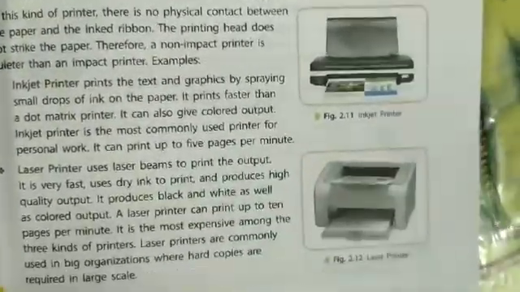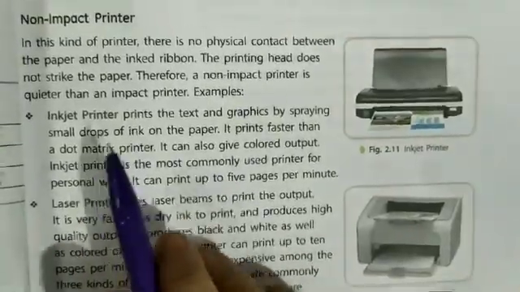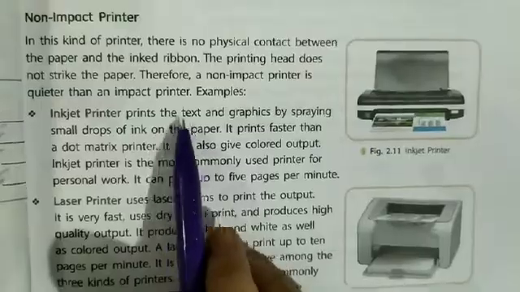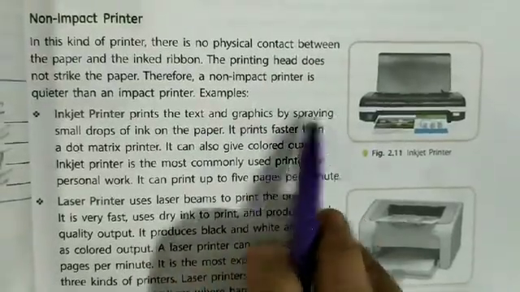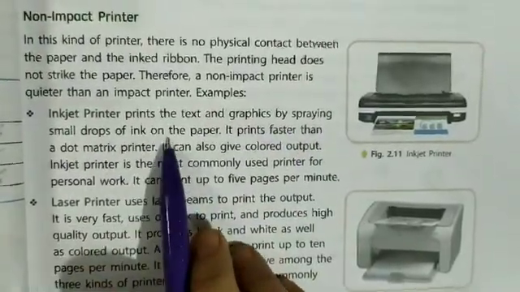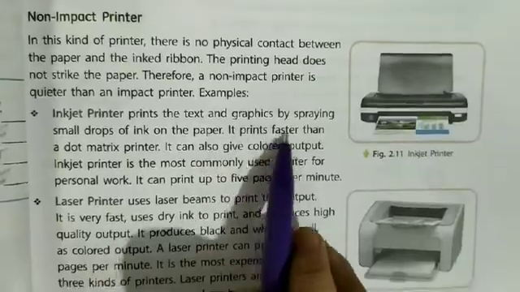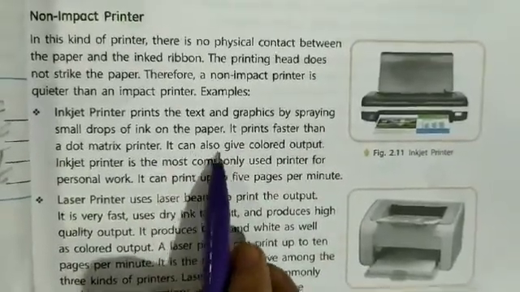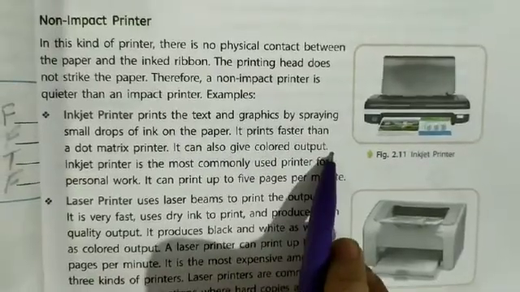The two different types of non-impact printer are the inkjet printer and the laser printer. The inkjet printer prints text and graphics by spraying small drops of ink on the paper. It prints faster than a dot matrix printer. It can also give colored output.